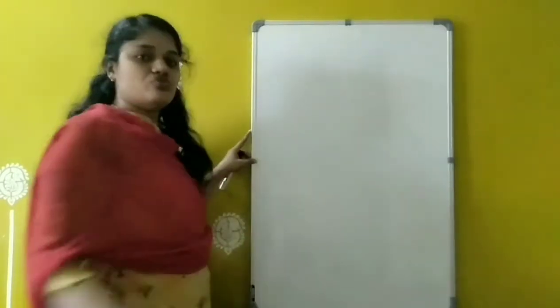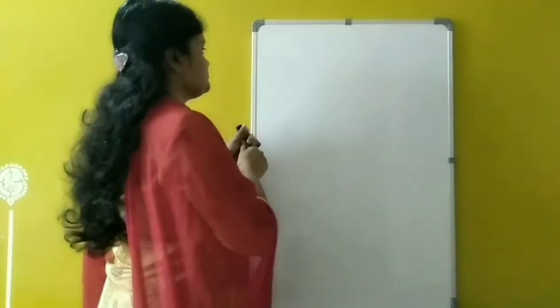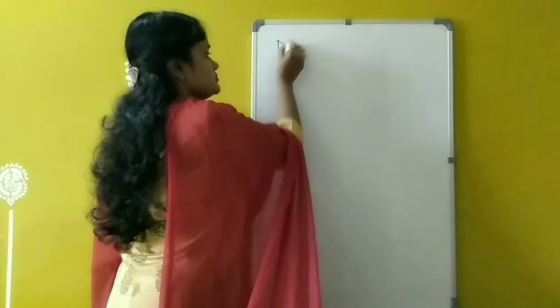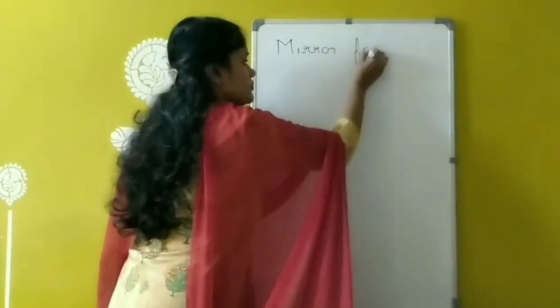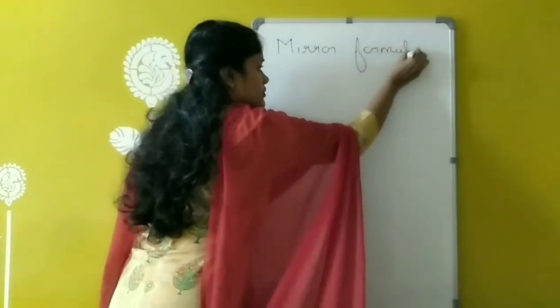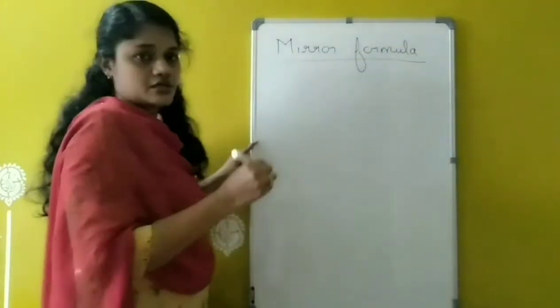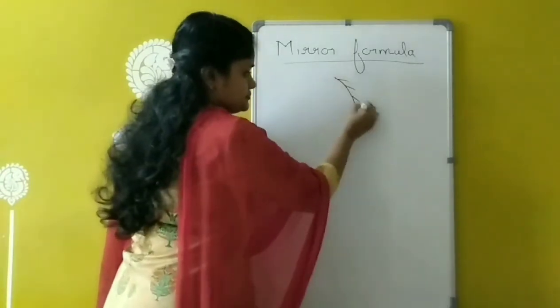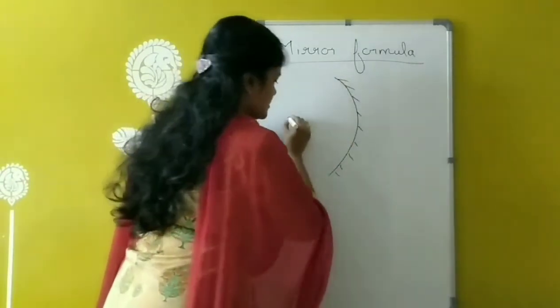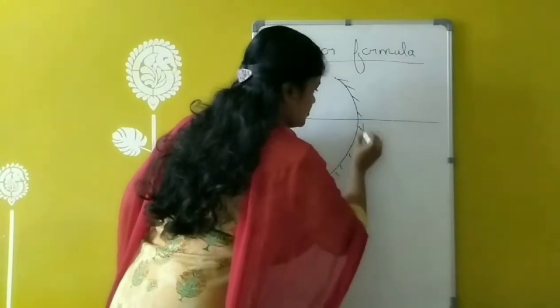So next we can go for the mirror formula. Suppose I am drawing a concave mirror here. This is the pole.